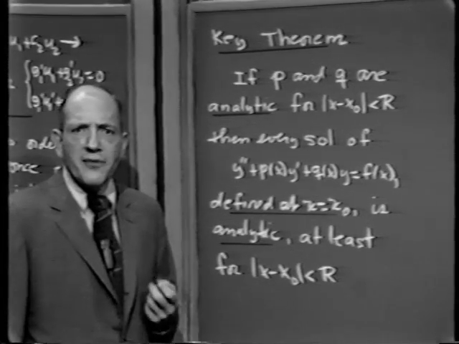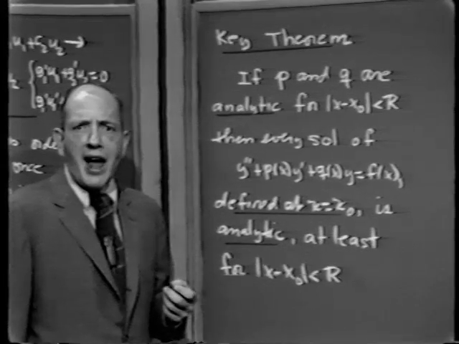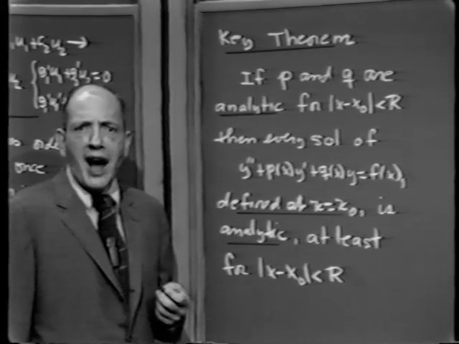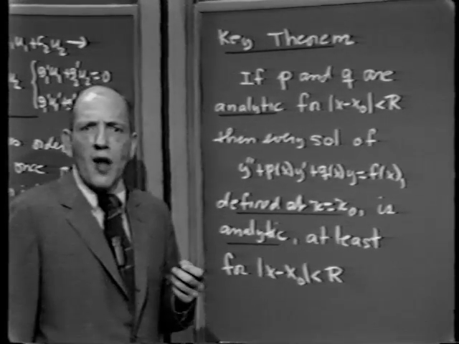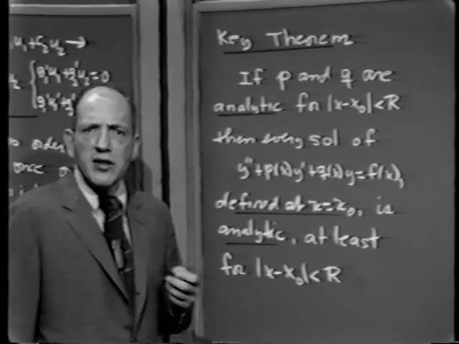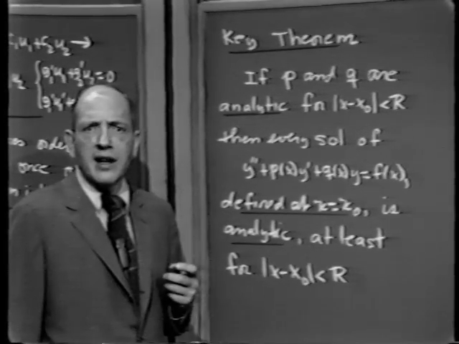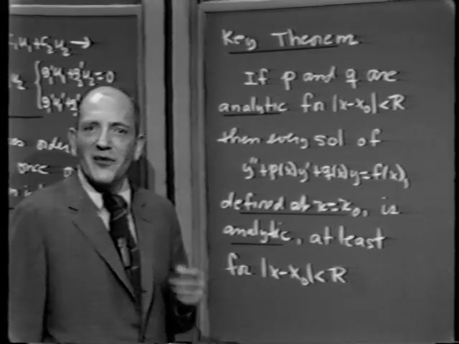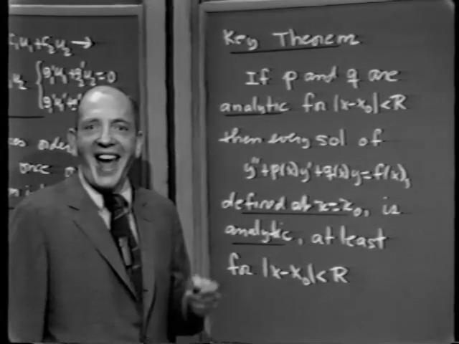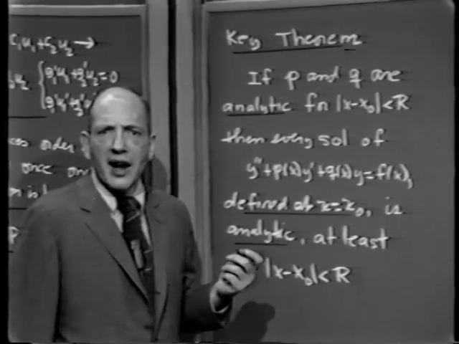Now we're going one step further, or maybe several steps further. We're saying, look, as long as p and q are not only just continuous, but they also happen to be analytic, we can not only guarantee that there'll be a general solution, but we can guarantee more to the point that whatever solution there is will be found in the form of a convergent power series. And that gives us the step that we need to solve problems by this technique.